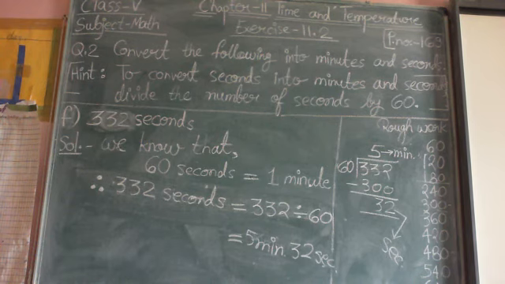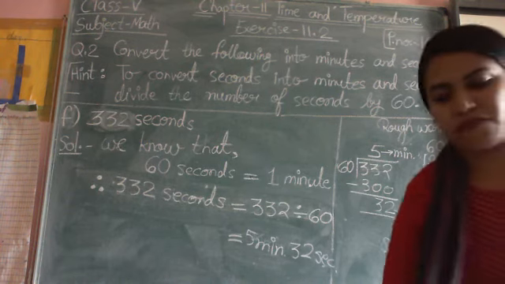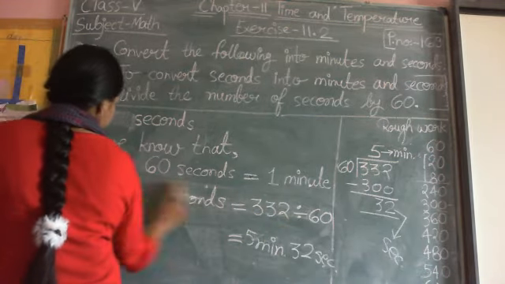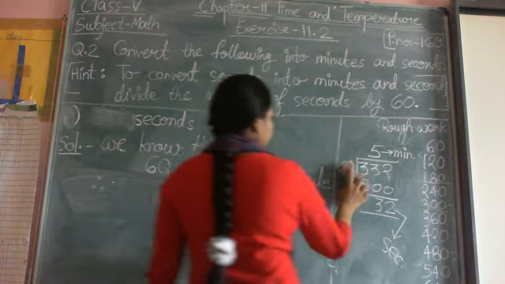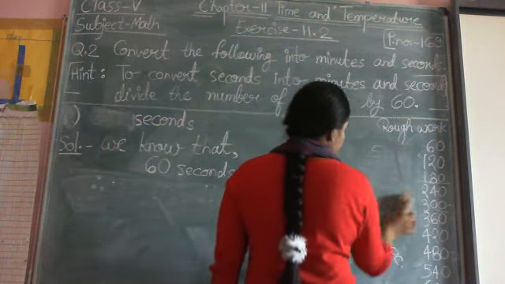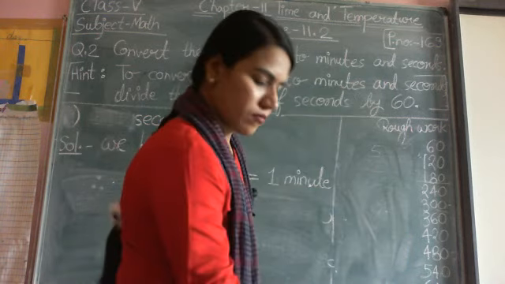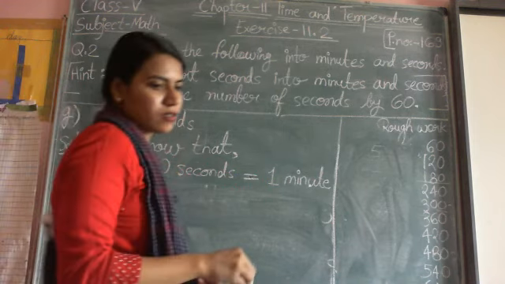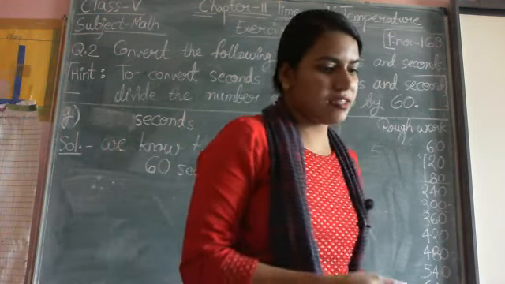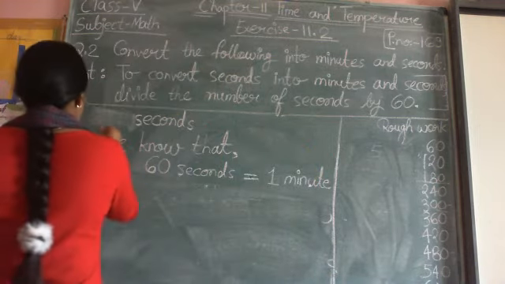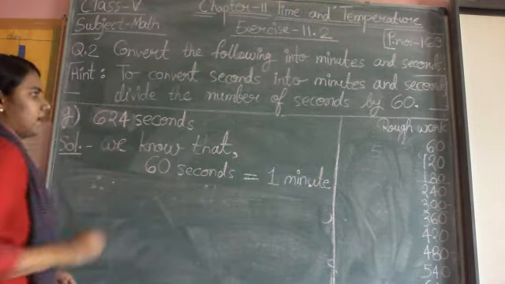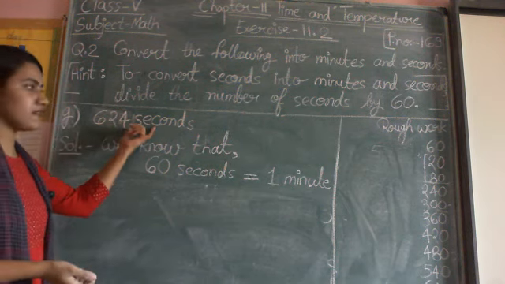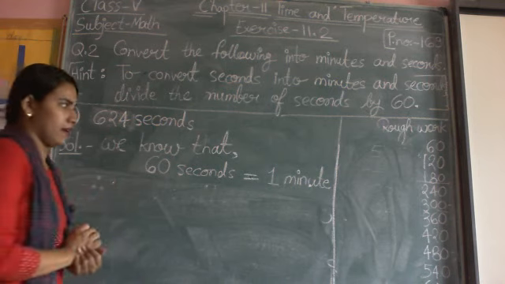Question number G. The given number is 624 seconds. What is our task? Our task is to convert these 624 seconds into minutes and seconds.